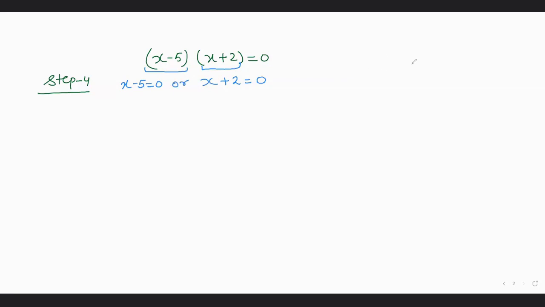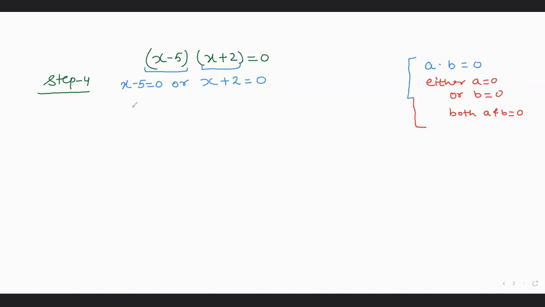For example, you have two numbers a and b, and if their product is 0, we can say always either a is 0 or b is 0, or it may be possible that both a and b are 0. So any possibility may be possible. If a is 0, then the product will be 0. If b is 0, then the product will be 0. And if both are 0, then also the product will be 0.